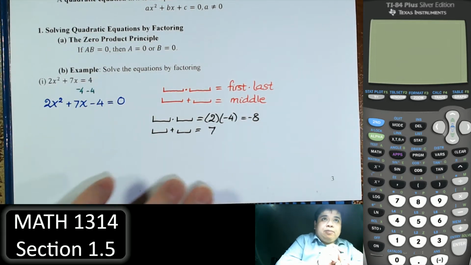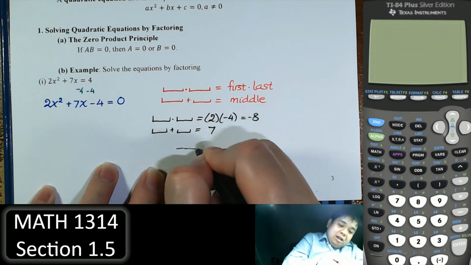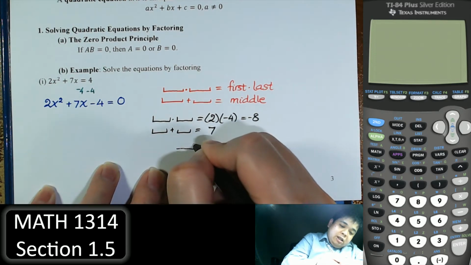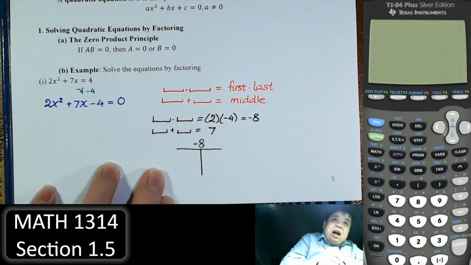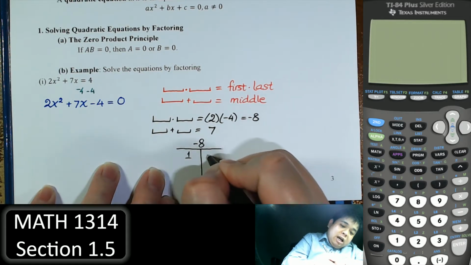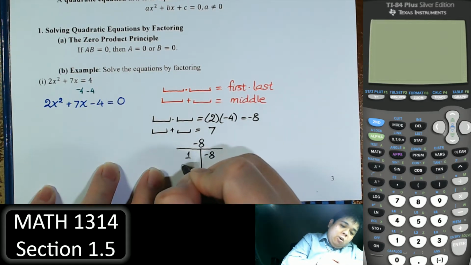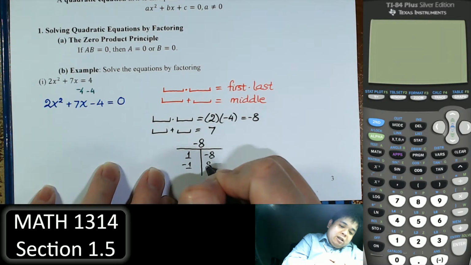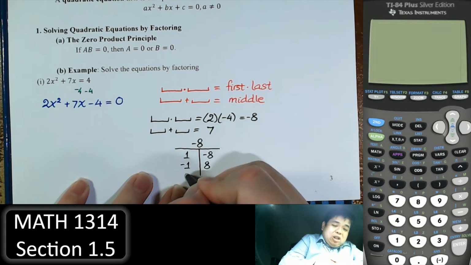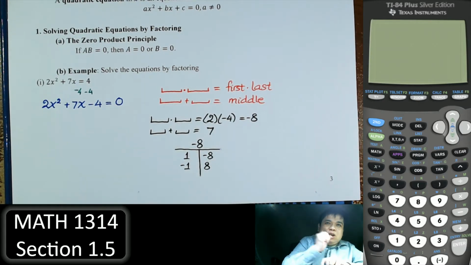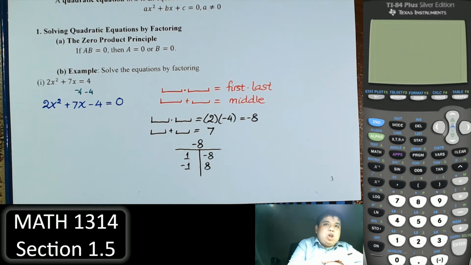So let's try. Let's list the possible cases. To get to negative 8, we might have 1 times negative 8 or negative 1 times 8. Of course, it can be 2 times negative 4 and negative 4 times 2.